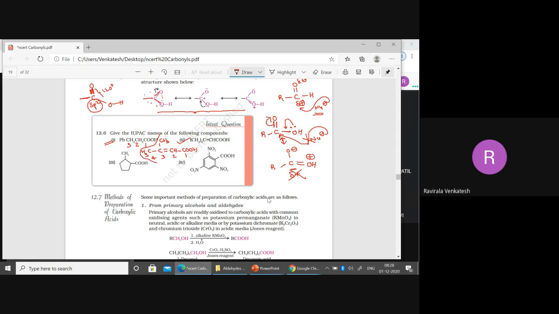Anybody? 3-methyl-butanoic acid. Right. Total number of carbons is how many? 4. But-2-enoic acid. Correct. For this one, no need to give 1-oic acid, no need, because it's always at the last one.